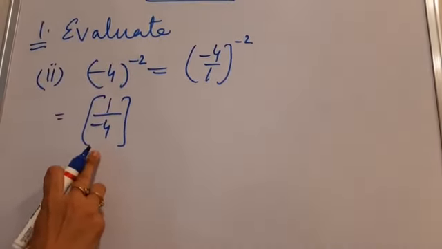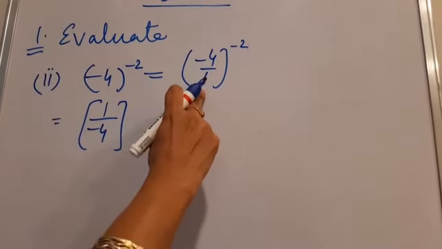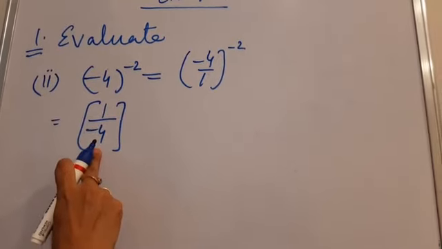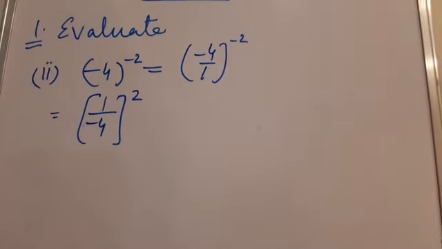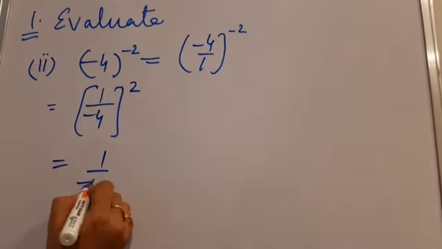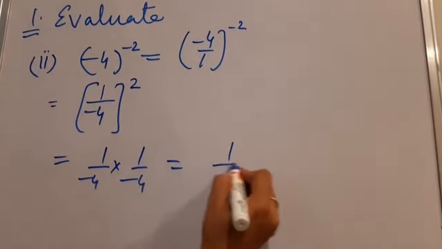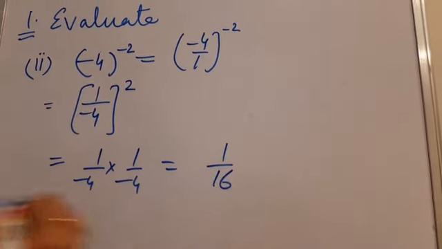1 upon minus 4, because minus 4 is equal to minus 4 by 1. When we take the inverse, the reciprocal of this will become 1 upon minus 4 and the power will become positive. So it will become (-4) into (-4), which is 16.